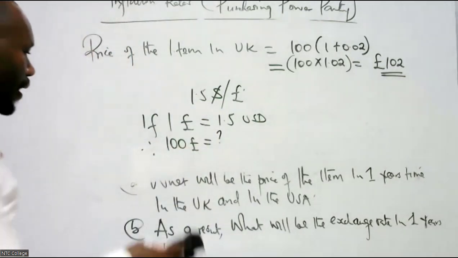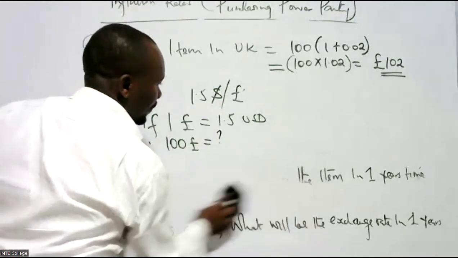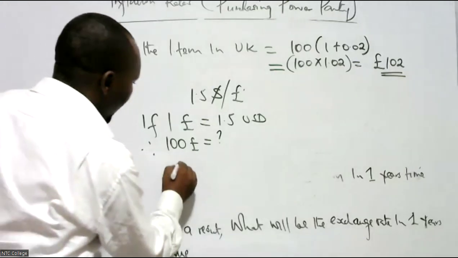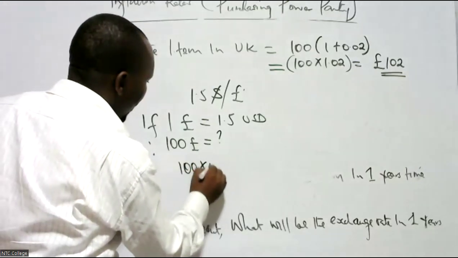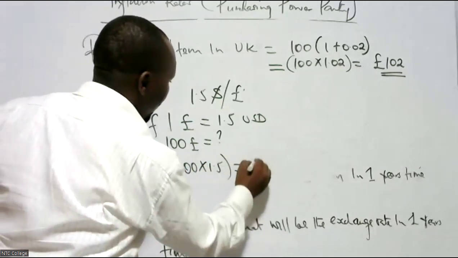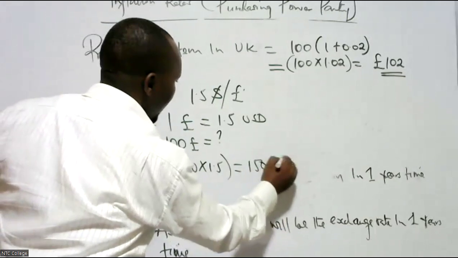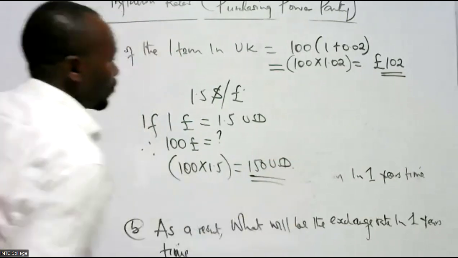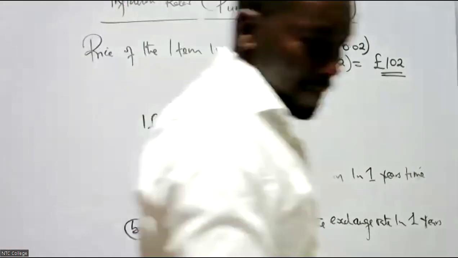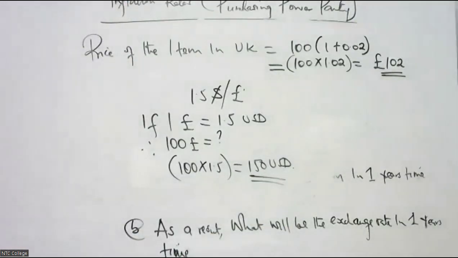So the exchange rate was not well written. So we are going to have 100 times 1.5. That will be 150 USD. That should be the price. I think it was not well typed.